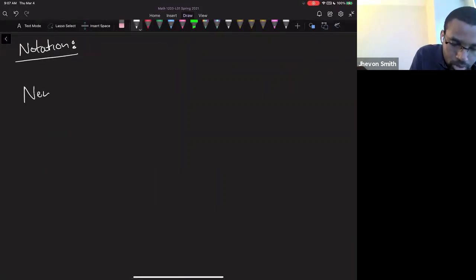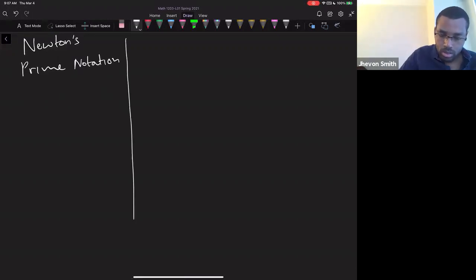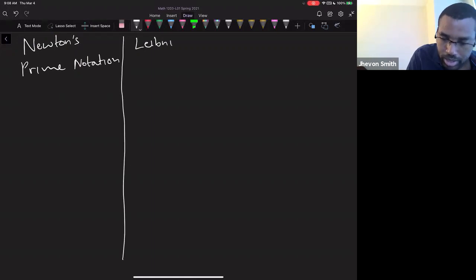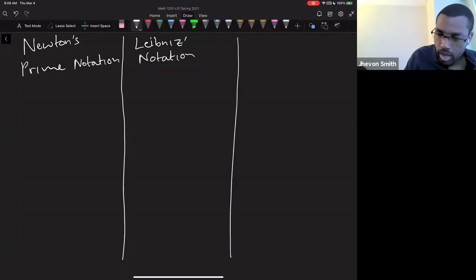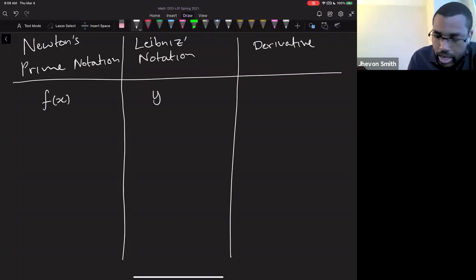So we have Newton's prime notation. Leibniz notation. And the derivative that they represent. So our original function, f of x, actually, say in Leibniz we would call it y.